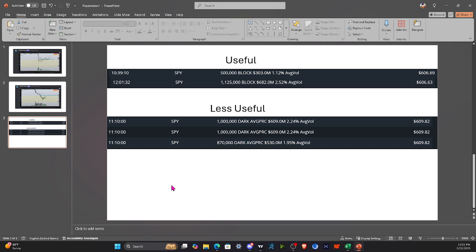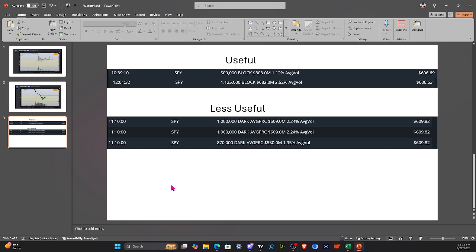Especially when it comes to indices, there's a lot of dark pool transactions, and you'll see following my Twitter, SPY at the end of any given day could have transactions anywhere between 6, 7, 8% of average 30-day volume, which to me is the most important piece of a dark pool transaction, all the way up to 30% of average 30-day volume in one transaction.